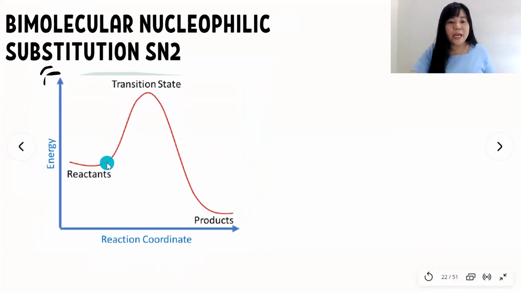In terms of the energy as the reaction progresses, notice that there's only one leap in the energy diagram corresponding to just one transition state, also corresponding to just one step in the process.